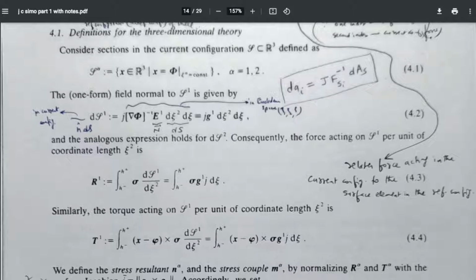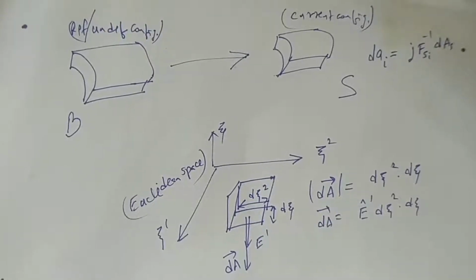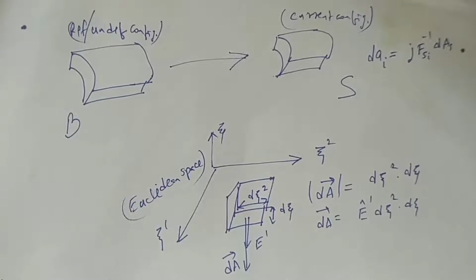This is the area vector n hat ds written in the current configuration in terms of the dA vector of the Euclidean space. So it is the same relationship. As we have seen, we have written da_i is equal to J F inverse S_i dA_S.